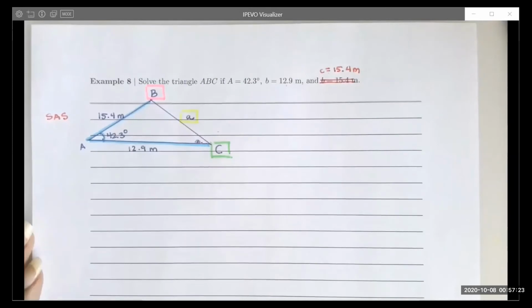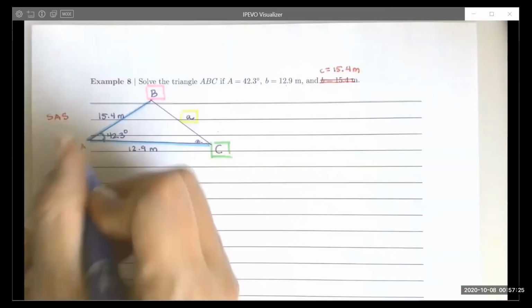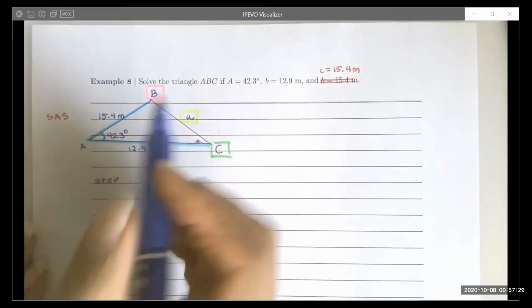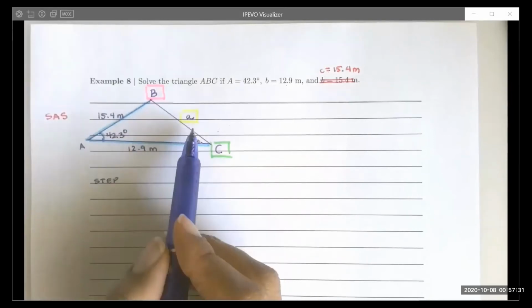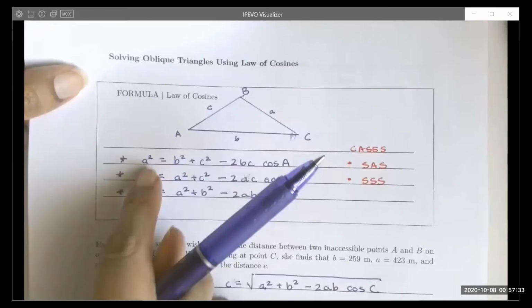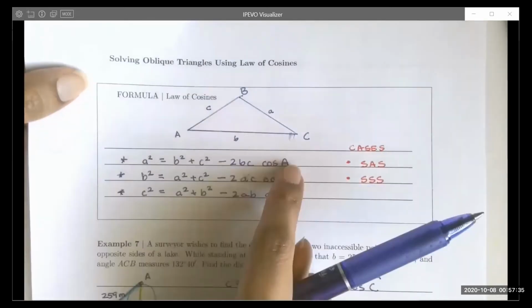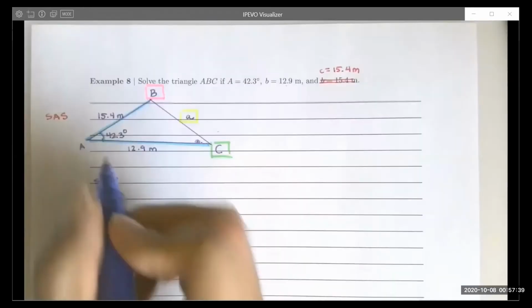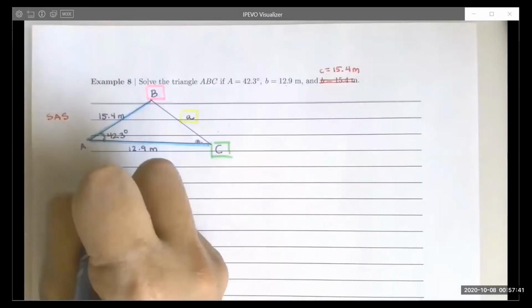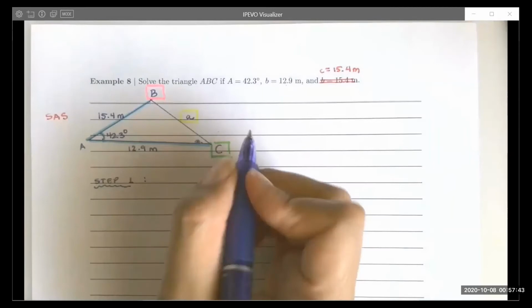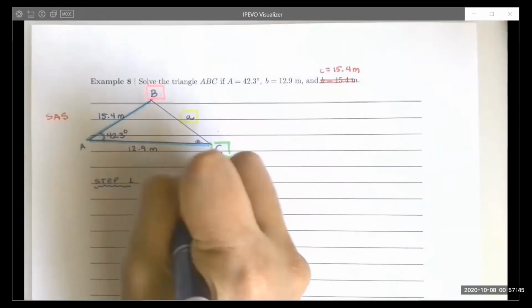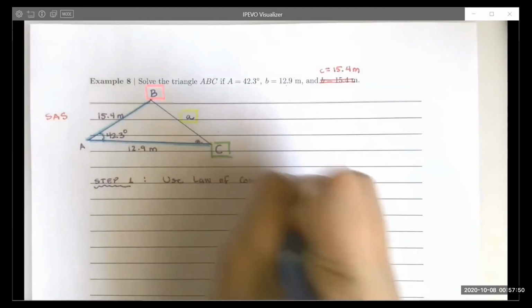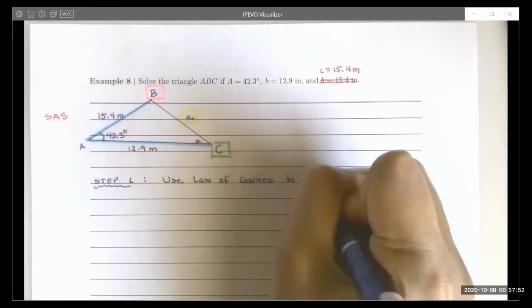The first thing we can do is use the law of cosines, the first formula out of the three, because since we have angle A, we're able to find side A. As a guideline, your first step is to use the law of cosines to find the missing side.